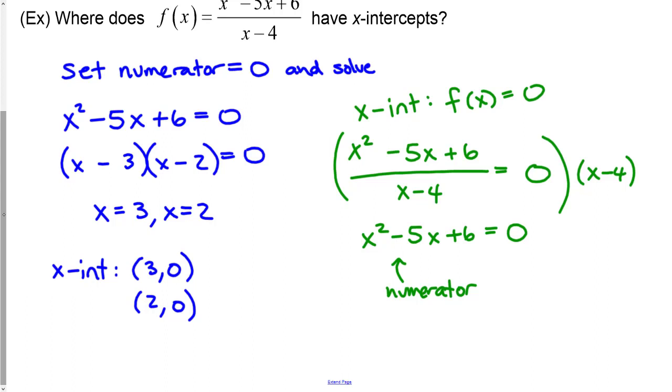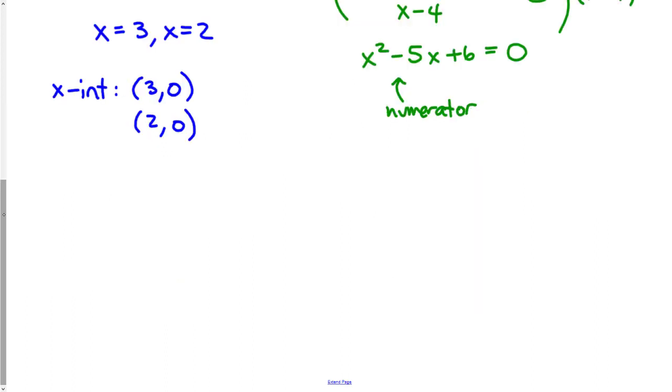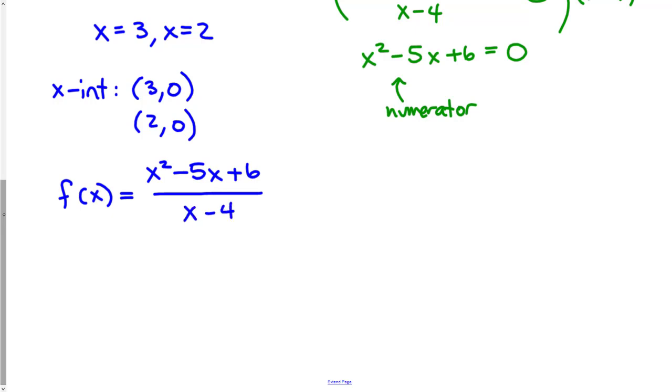So that's nice. One thing that will be helpful, when you have a rational function, so if I have f of x equals x squared minus 5x plus 6 over x minus 4, before you go through and do analysis with any of these problems, it's generally going to be helpful to not only have this in what's called expanded form, but to also have it in factored form.